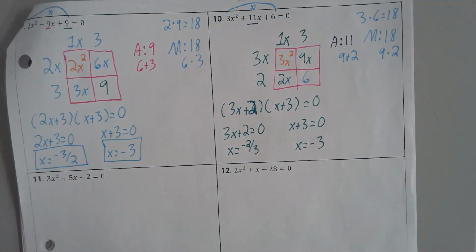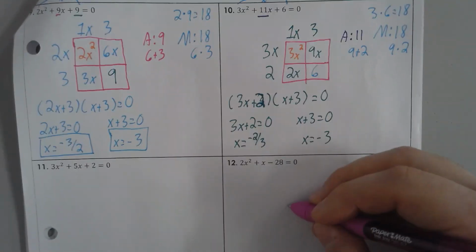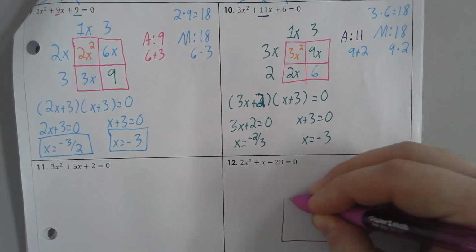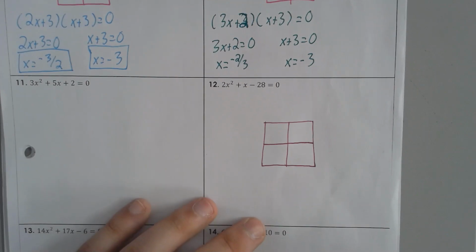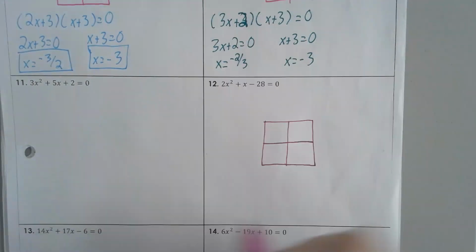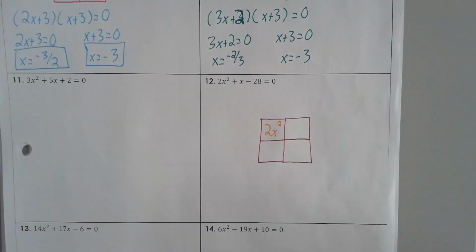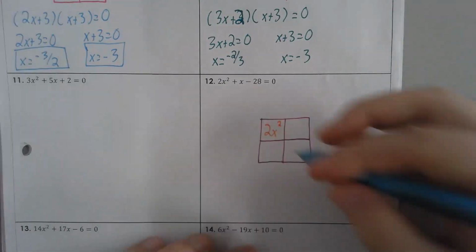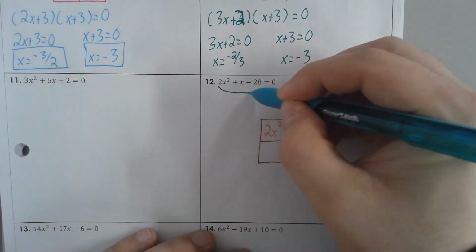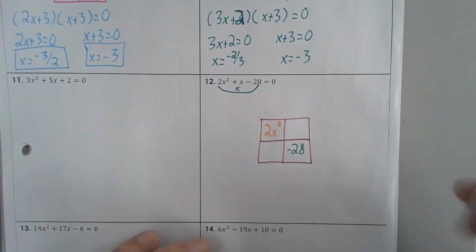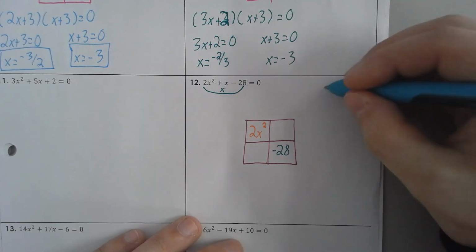Alright, real quick, I'm actually going to run through number 12 with you because it's a little bit different. And then I'll let y'all do the last 3. I'm going to go through this one kind of quick. So, top left, 2x squared. Bottom right, negative 28. If we multiply our a and our c, we're going to get negative 56.